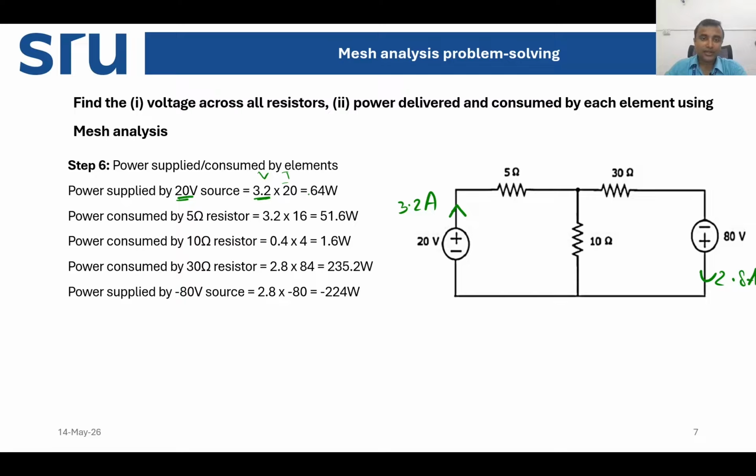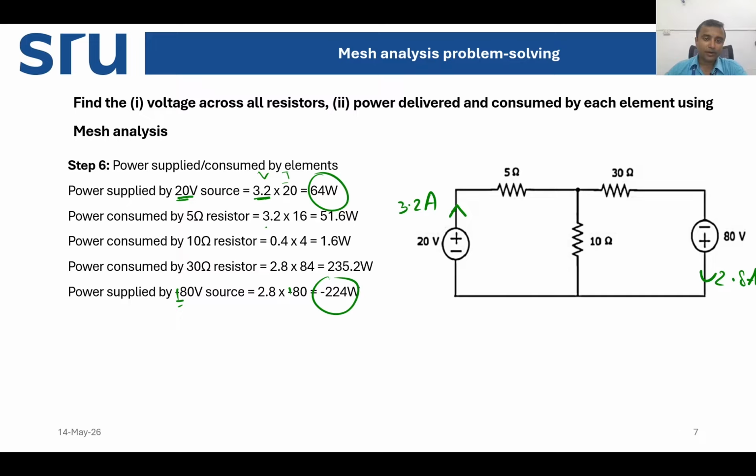So the power through the 20 volt source is 64 watt, and the power through the 80 volt source is 224 watt. It is sometimes written as minus for the 80 volt source, which I think is not a very correct way to write it, because power is always positive. It is not a negative kind of thing. So this is 224 and 64.